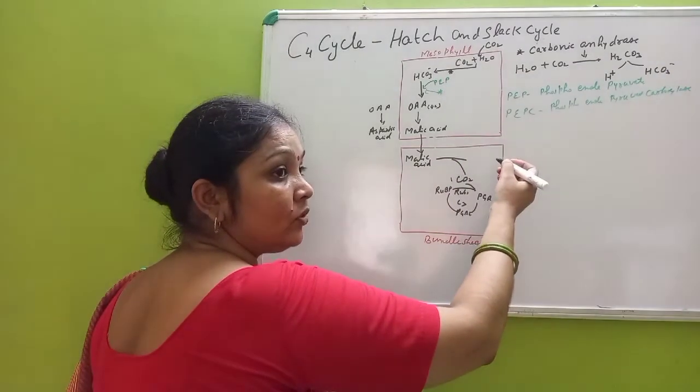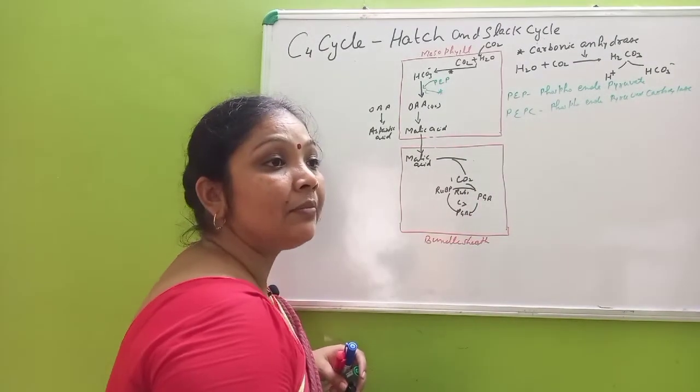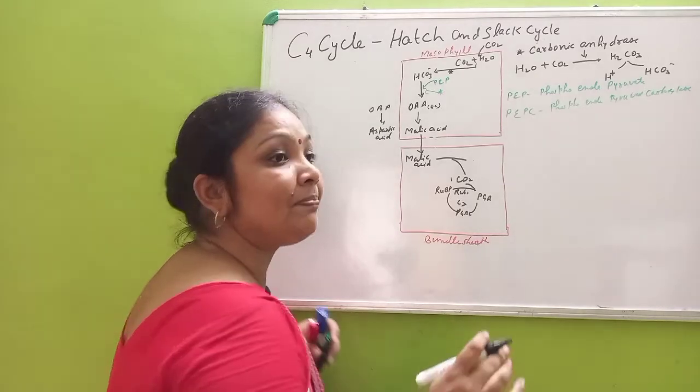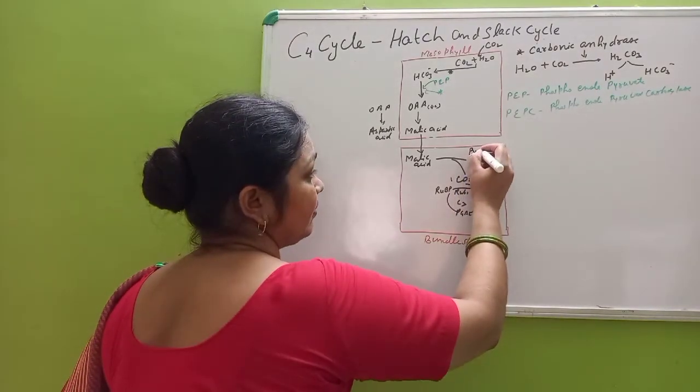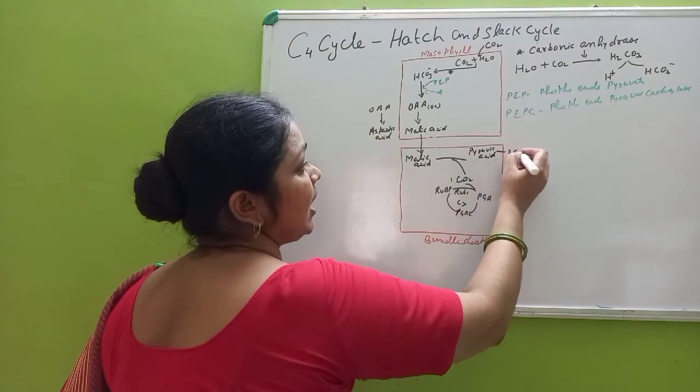Now the left out is the 3 carbon compound, and this 3 carbon compound is pyruvic acid.